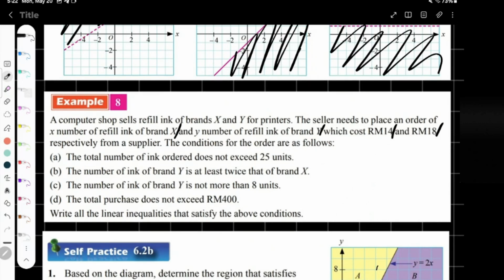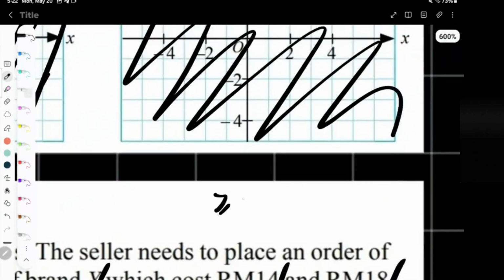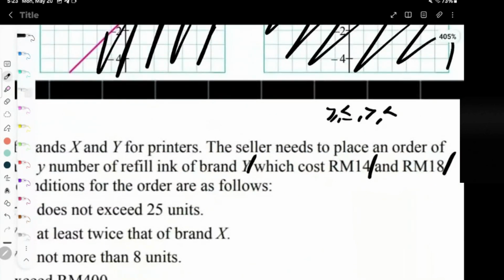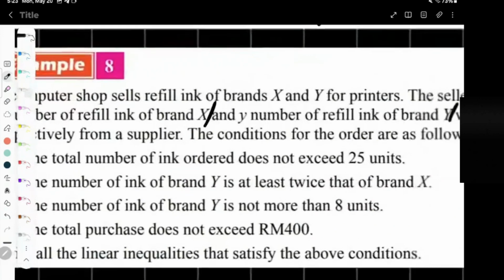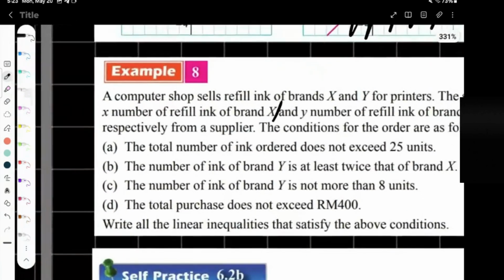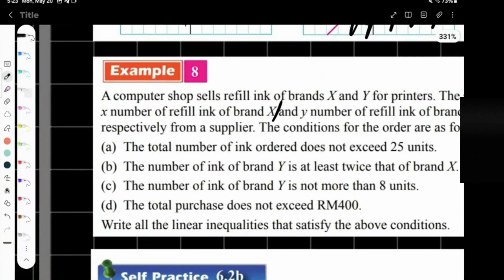Now here's the part where you have to remember. You can use the symbol, but you have to know where to use the symbol. So follow me. They say the conditions are as follows. Let's hear the conditions, and then we have to create a linear inequality. The total number of ink ordered does not exceed 25 units.